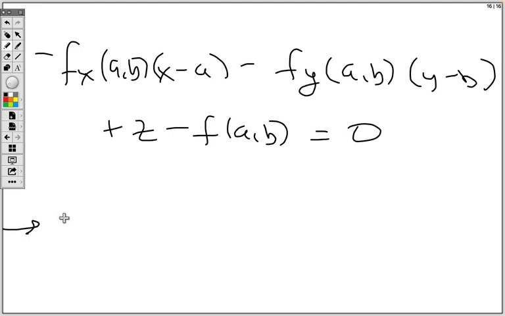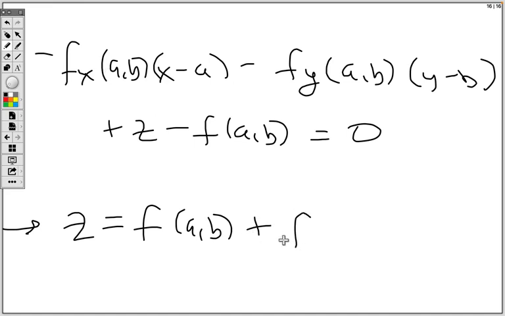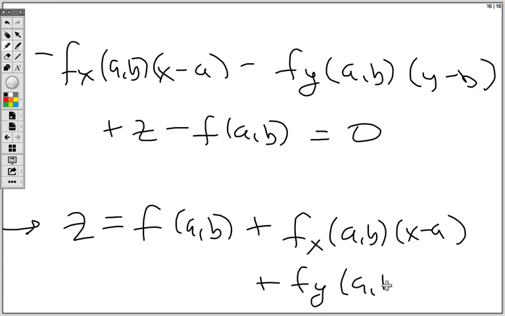If I solve this equation for z, I'd add over the f of ab, I'd add over the fx part, and I'd add over the fy part. And sure enough, that's the formula we came up with a week or so ago. You follow? So it works.